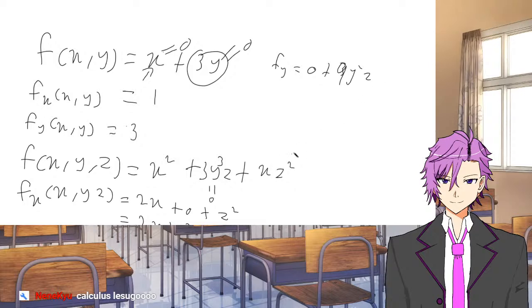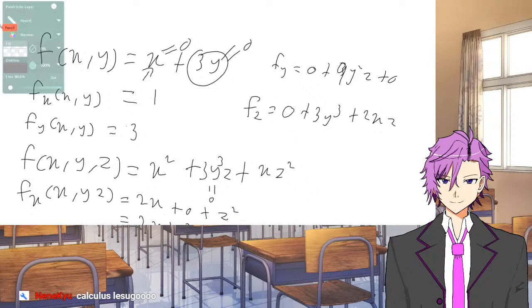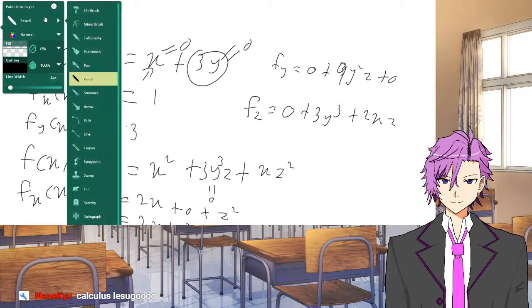There's no y in the third one, so this one will just be 0. And lastly, for f_z, this will be 0 plus 3y cubed plus 2xz. So that is just the basic partial derivatives that we're going to use for tonight.